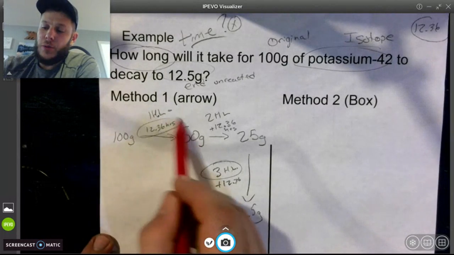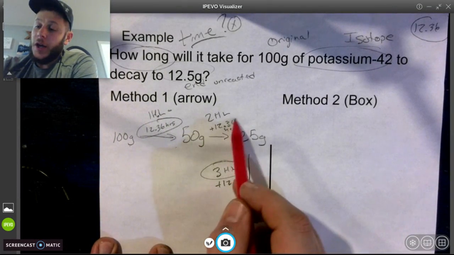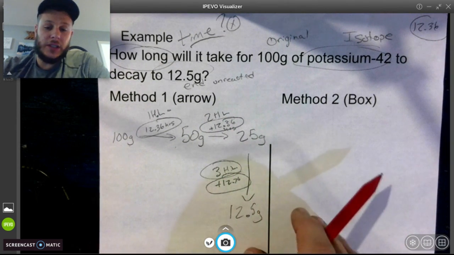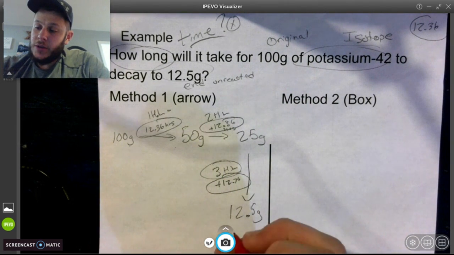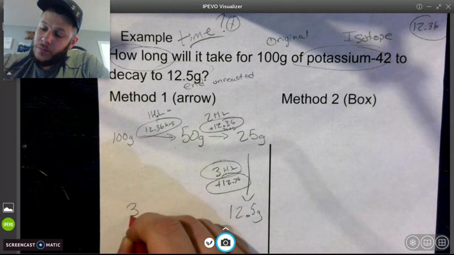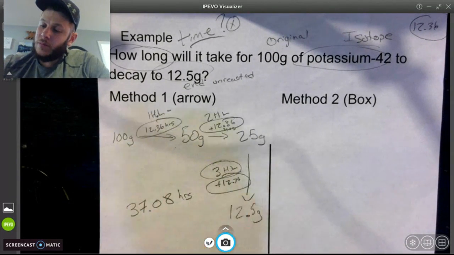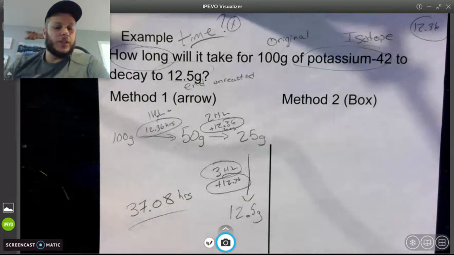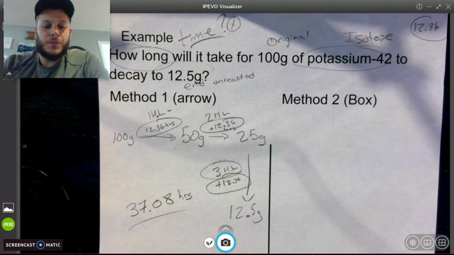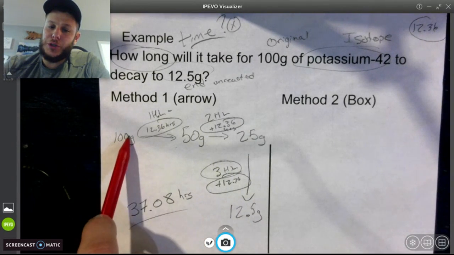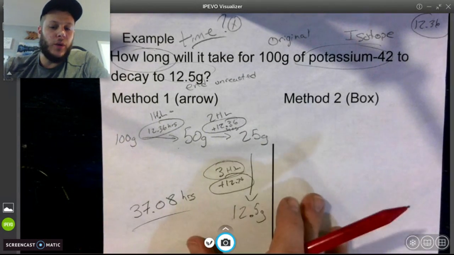So it was 12.36 hours, another 12.36 hours, and another 12.36 hours, which is 37.08 hours. That's how long it took for 100 grams of potassium-42 to decay to 12.5 grams.